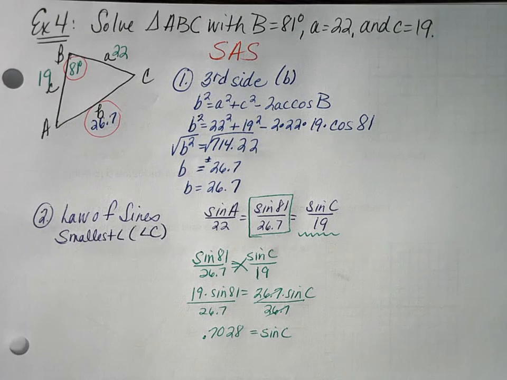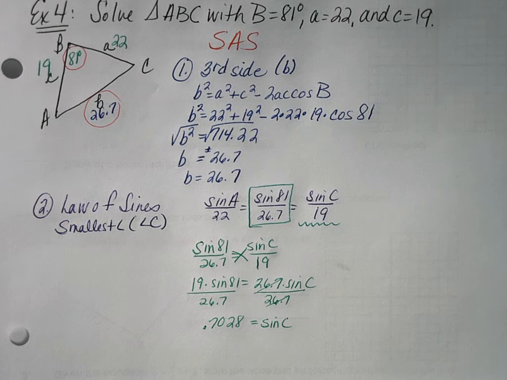So my angle C then is 0.7028. Tiniest little angle. Just inverse. Natasha? That's right. I need to find the angle. Right now that's the sine of the angle.